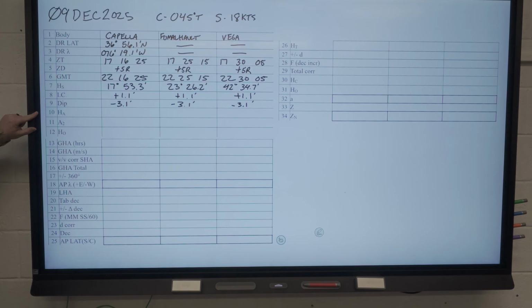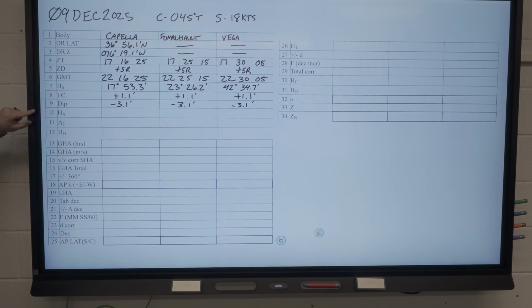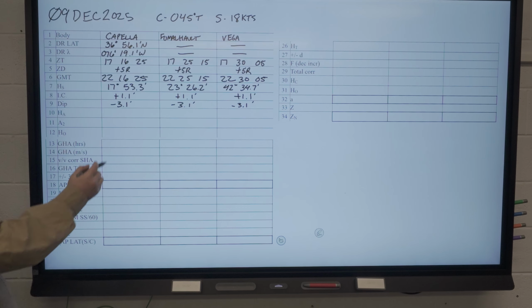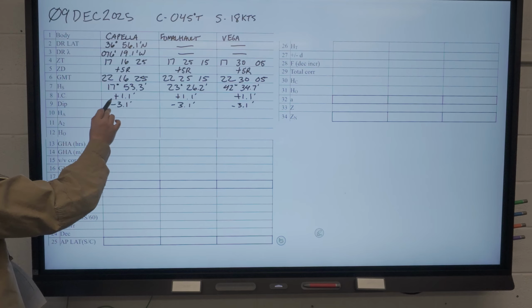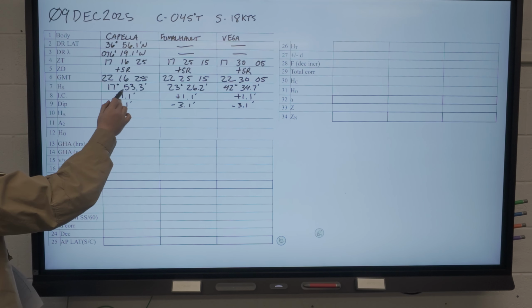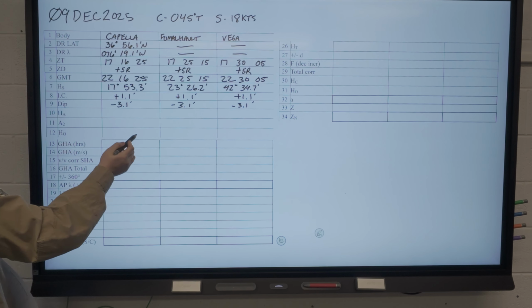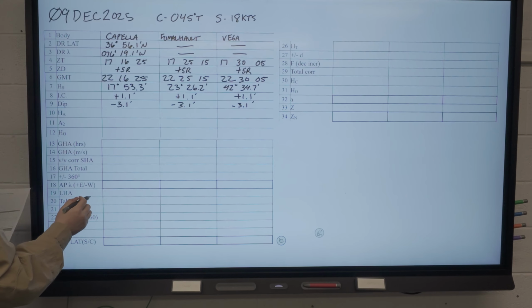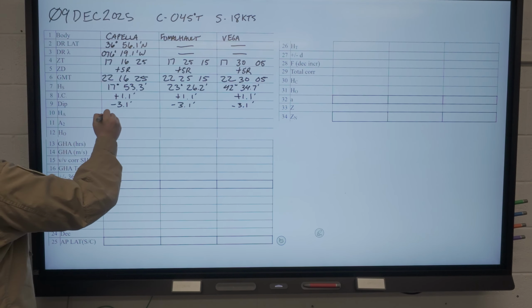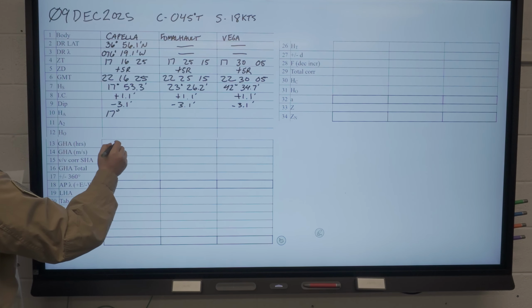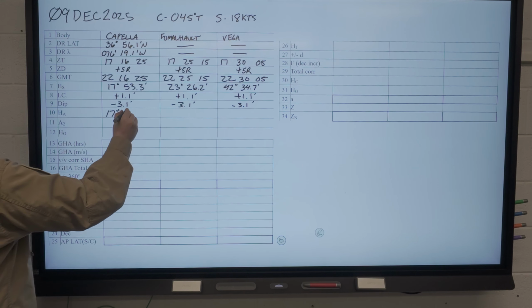To get your HA, all you have to do is take your HS, plus or minus your index correction, plus or minus your dip correction, and that'll be your apparent altitude. You just say 17 degrees 53.3 plus 1.1 gets 54.4, minus 3.1, and you get 17 degrees 51.3.